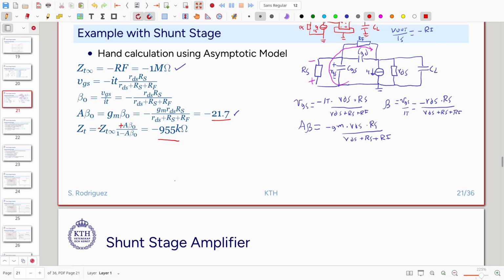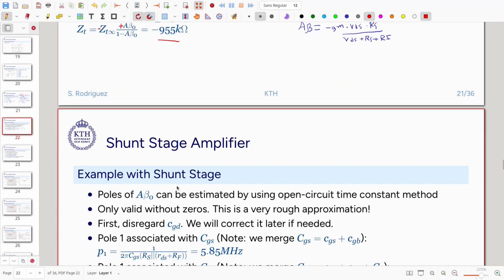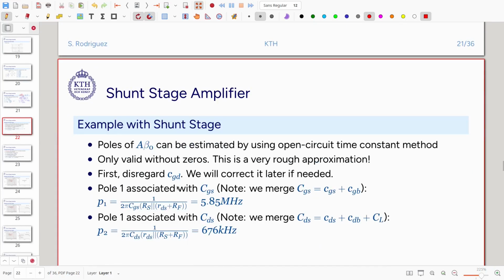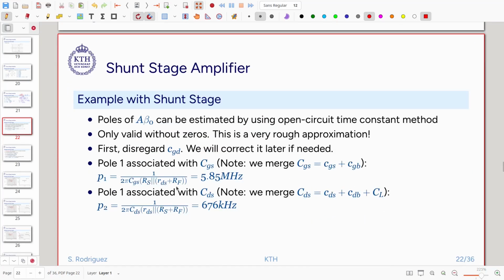So we can go forward and calculate the position of the poles. Okay, and we are going to do the same as we did before. We merge CGS, all the gate to source and gate bulk capacitance.